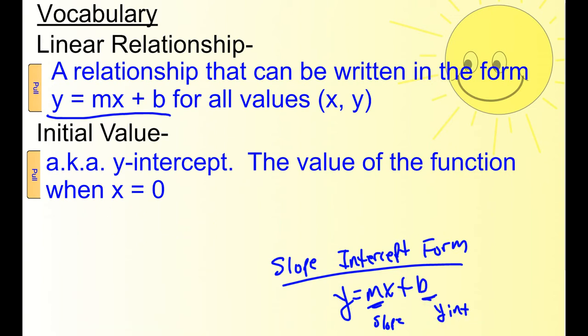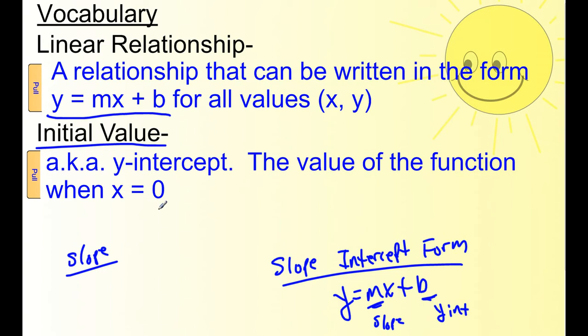The other thing that we're looking for, which I don't have up here because it's a word we've already talked about, is rate of change. We will be talking quite a bit about the rate of change of a function, because the rate of change is also known as the slope. So if we can find the rate of change, and we can find the initial value, which is the y-intercept, we can write the equation of that function in slope-intercept form.